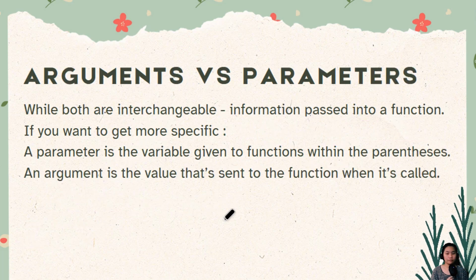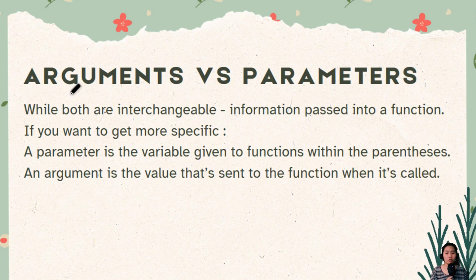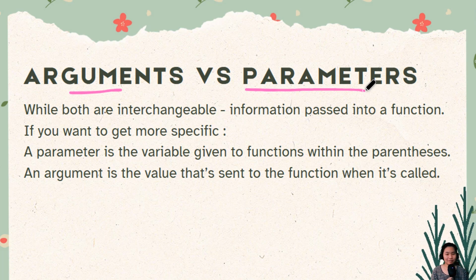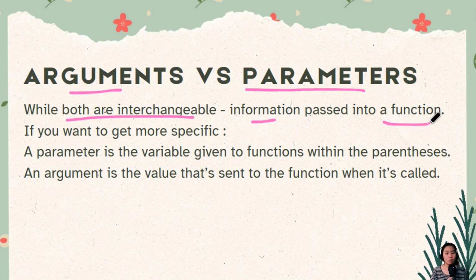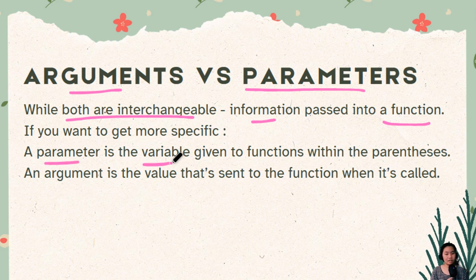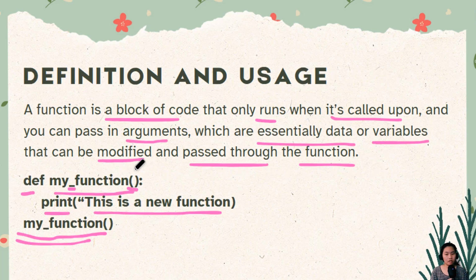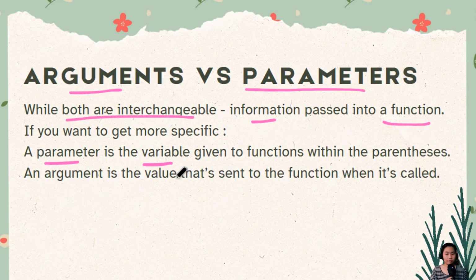Okay, let's move on. Now let's talk about arguments and parameters. They're very similar but also very different. Okay, so both are interchangeable. They both represent information passed into a function, but if you want to get more specific, a parameter is a variable or data given to the function within the parentheses here.